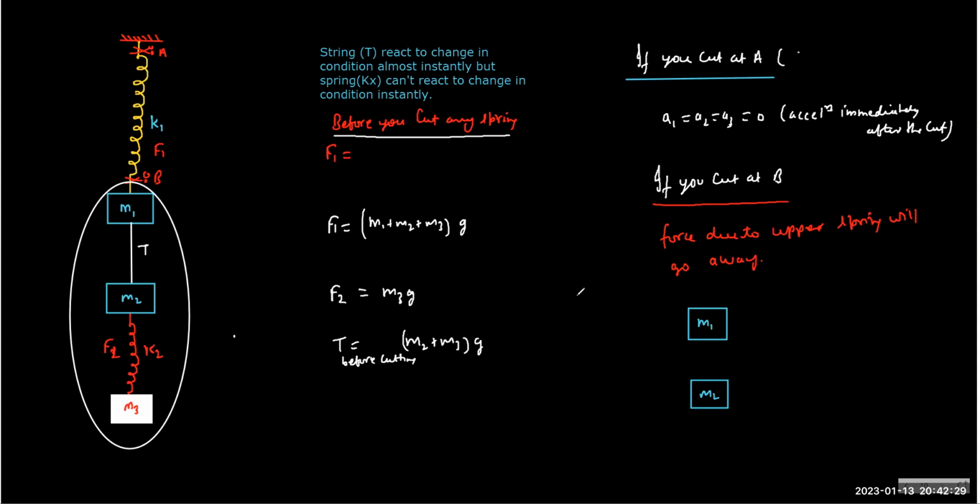The moment the upper block is set into motion, and because M1 is directly connected with the string, this tension will change immediately. Are you getting my point? And as T changes to T dash, M2 will also lose its equilibrium.